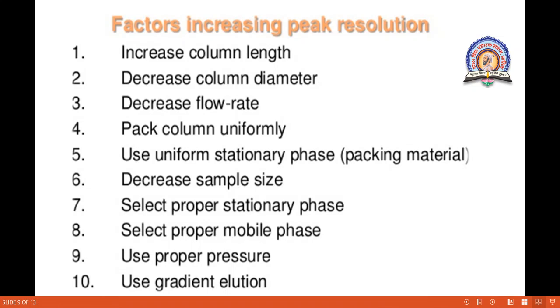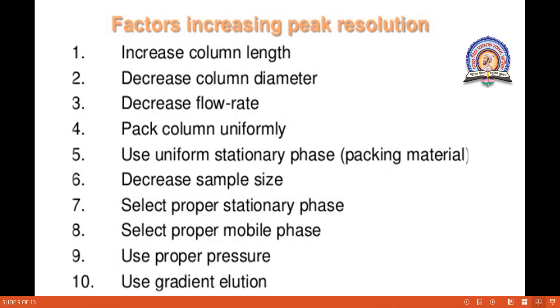That means when we fill the stationary phase into the column, at that time the uniformity must be maintained. Then the separation is good. Use the uniform stationary phase, meaning packing material should be well placed in the column.